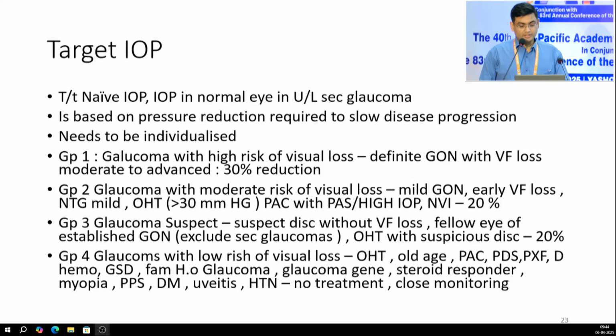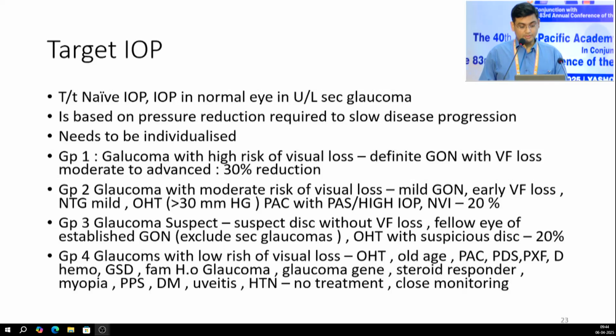And in group 2, where the glaucoma is having a moderate risk of visual loss, that is mild GON can be seen, early visual field loss, or ocular hypertension with more than 30 millimeter of mercury pressure, then the reduction required is around 20%, that is mid-teens. And in a glaucoma suspect, you can see that there is suspicion around the disc, the fellow eye is having established optic neuropathy, the OHT with suspicious disc, then you have to reduce further by 20%.